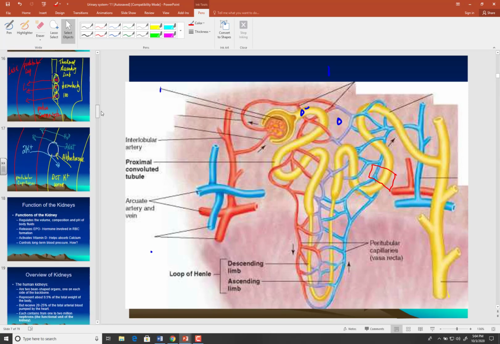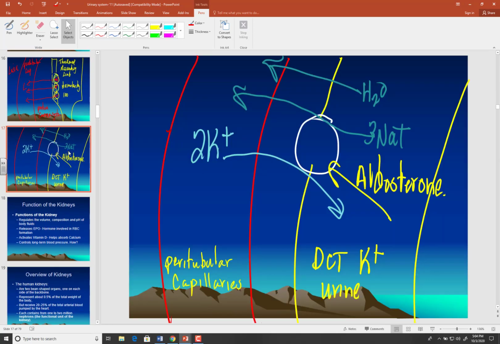I'm going to make a big picture of that and show you what aldosterone does. So here are the peritubular capillaries, and then you have the distal convoluted tubules, the collecting tubules. The function of aldosterone is to stimulate the sodium-potassium pump in the cells that make up the lining of the distal convoluted tubules. So when aldosterone's around, it causes 3 sodiums to be pumped back into the blood and 2 potassiums to be pumped into what soon will be urine.